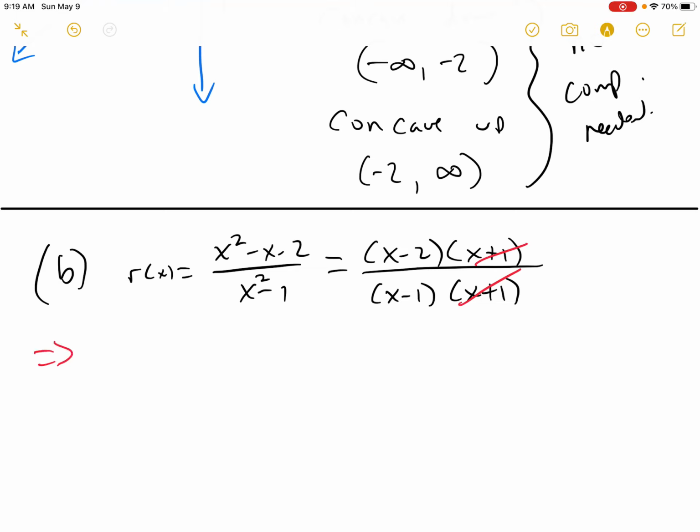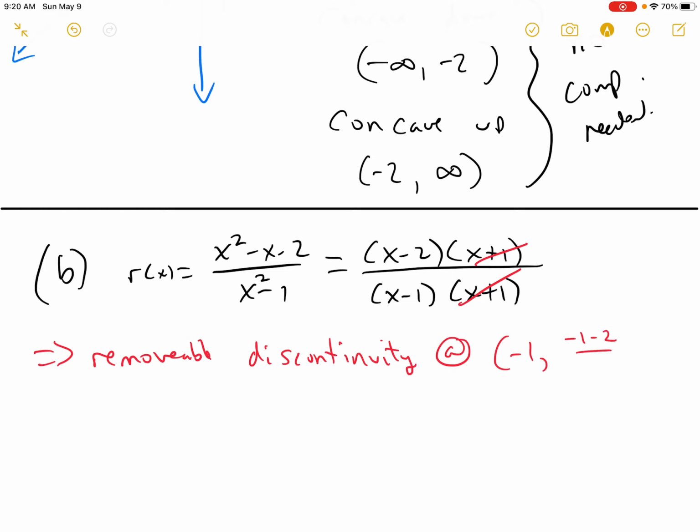But that says what? That says there's a removable discontinuity at the point minus 1 comma r of minus 1, which is what? Minus 1 minus 2 over minus 1 minus 1.